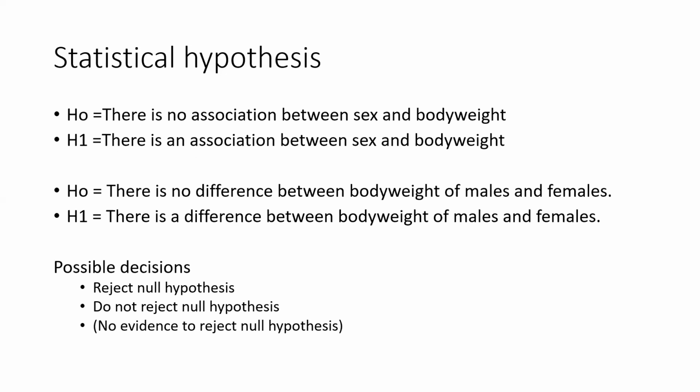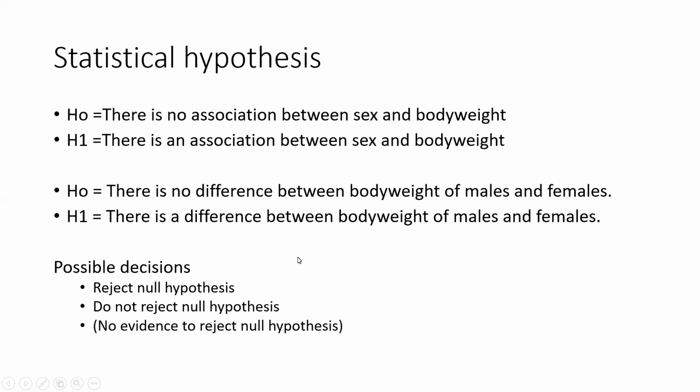For one, null hypothesis is there is no association between sex and body weight, and alternative is there is an association between sex and body weight. We can also word it in a different way and say there's a difference between body weight of males and females. Likewise, we can word it in different ways, but the simple way is to say there's no association and there's an association. So this is the null hypothesis.